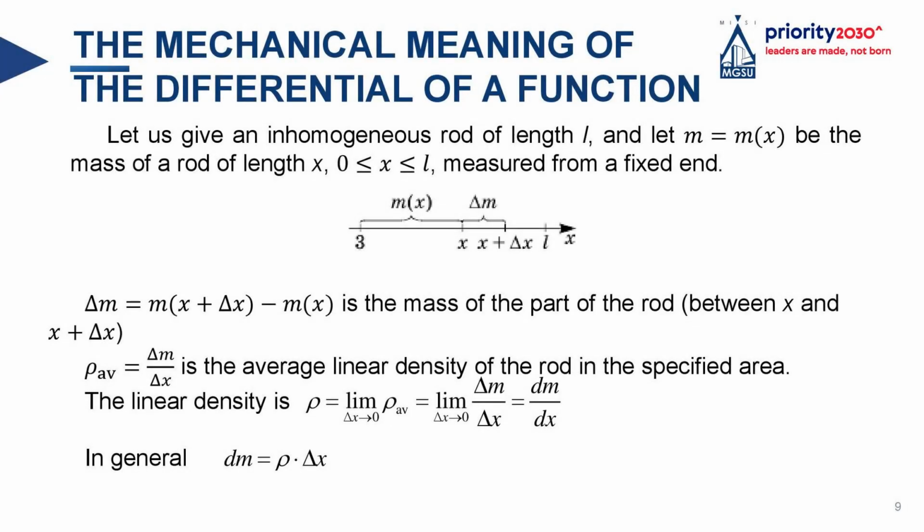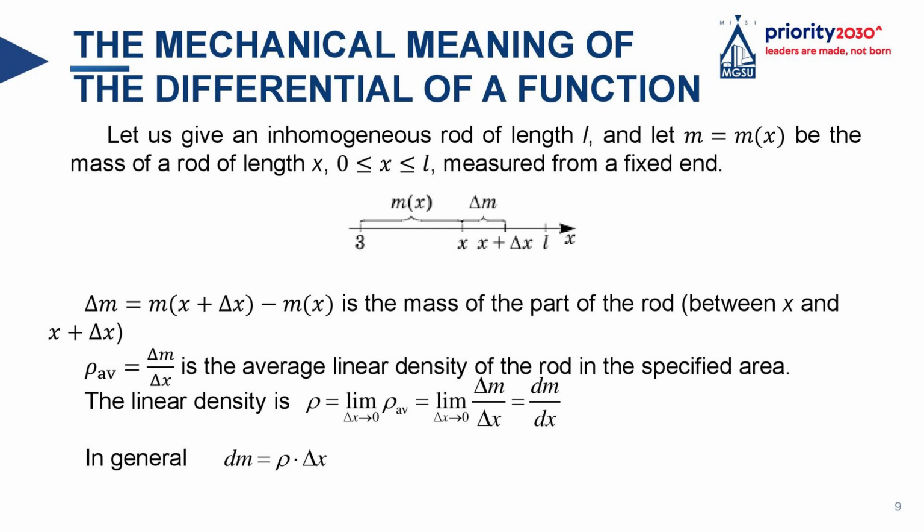The next point, the third point. Let us take an inhomogeneous rod. A rod is called homogeneous if any two sections of it of the same length have the same mass, and inhomogeneous otherwise. Consider a rod of length l, and let m equal m of x be the mass of a rod of length x, where 0 is smaller than or equal to x, which is smaller than or equal to l, measured from a fixed end.